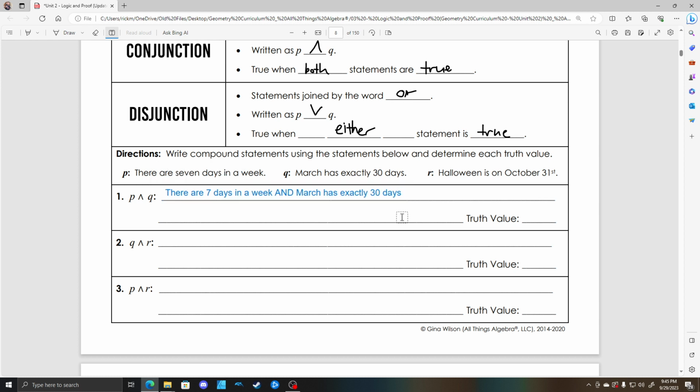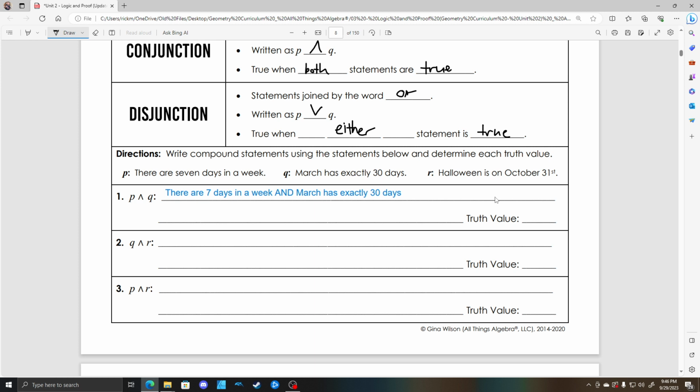Now, the question is that true? Well, in order for it to be true, because we are using an and statement, both parts have to be true, right? So there are 7 days in a week, and that's true. So far so good. And March has exactly 30 days. Well, unfortunately, March has 31 days. So the second half of this is false.